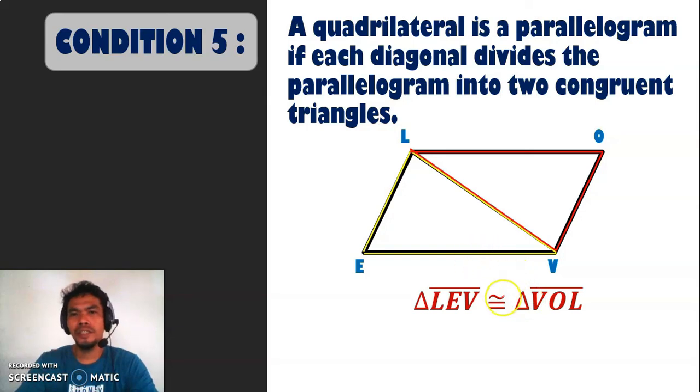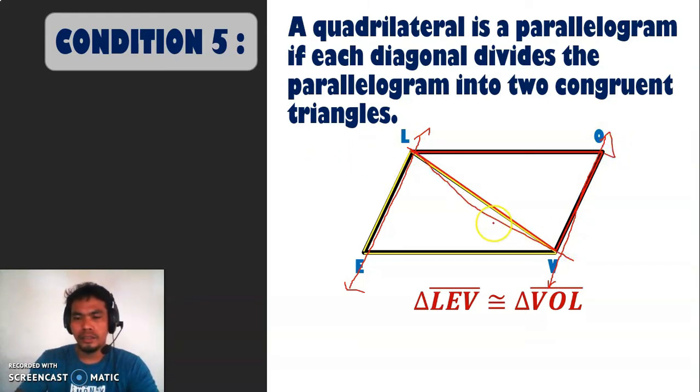Okay, to better understand it, let's imagine that we have to extend these two parallel lines here. We will extend this one and also this one. Then we have this line here, which is a transversal line. In short, this angle is congruent to this angle by alternate interior angles.